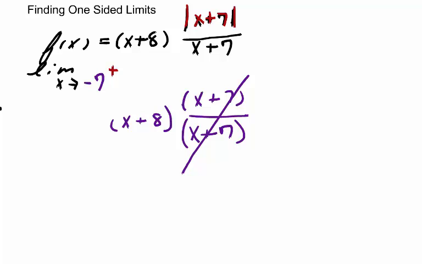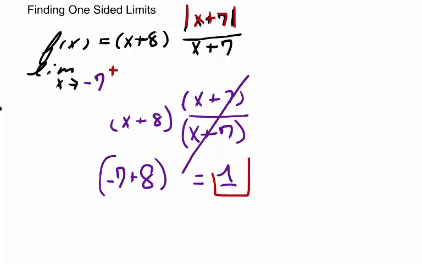Now we are left with the expression x plus 8, for which we substitute -7 in place of x. -7 plus 8 equals 1. Therefore, the limit of x plus 8 times the absolute value of x plus 7 divided by x plus 7 as x approaches -7 from the right is equal to 1.